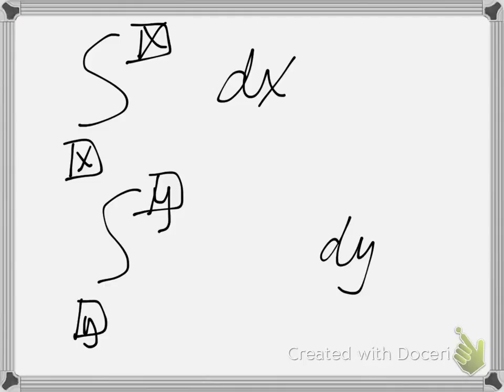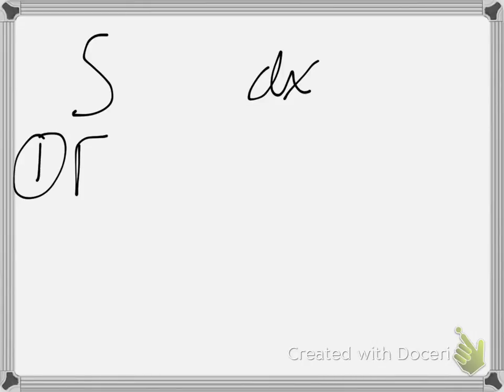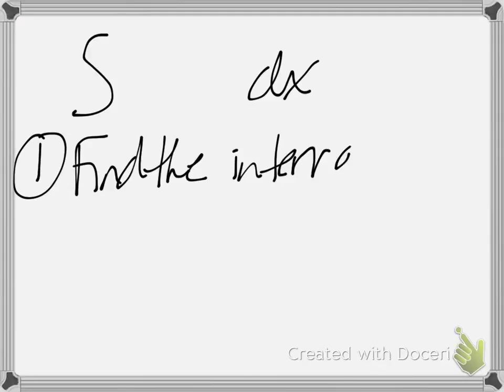Vanessa is asking, when do you know to use the shell method? And I already explained that, but she asked, what are the steps for the shell method? So good question. So for the steps for the shell method, it's going to be an integral, and it's definitely going to be a dx. So I guess I would say the steps would be to find the intervals in terms of x.